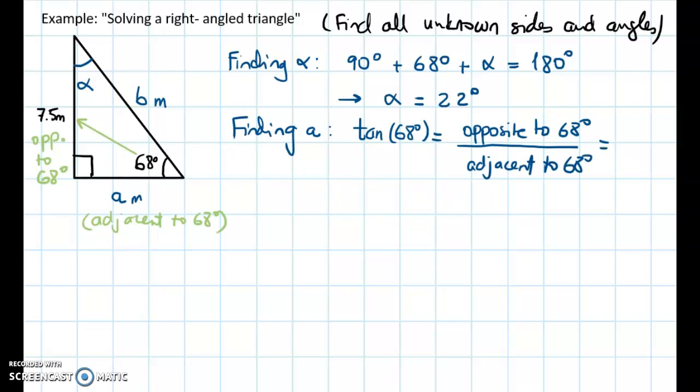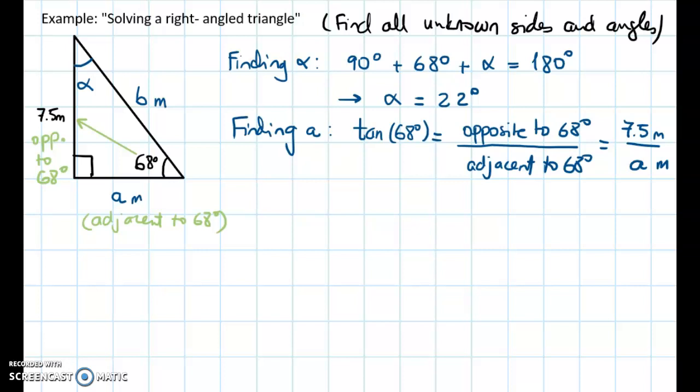In this case, this means 7.5 meters divided by A, and A is what we are trying to find. Remember that we do not know by heart what is the tangent of 68 degrees, but our calculator knows it, so that's information we are going to use.